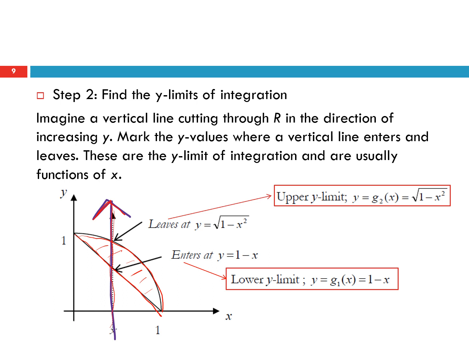This arrow will touch the first point in the region, where the equation is x plus y equal to 1. From this equation, we can rearrange and we will have y equal to 1 minus x. So this one will be the lower limit.